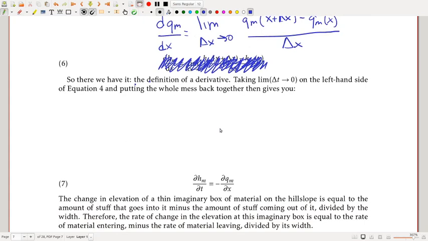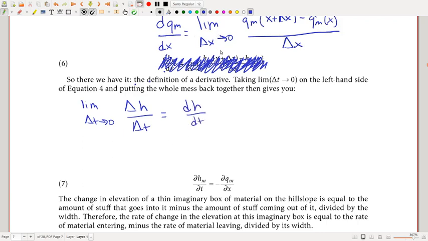So if we then take the limit as this delta t goes to 0 on the left side of the equation, we can actually put this whole thing back together, right? And so taking the limit as delta t goes to 0 of delta h over delta t is equal to dh dt.